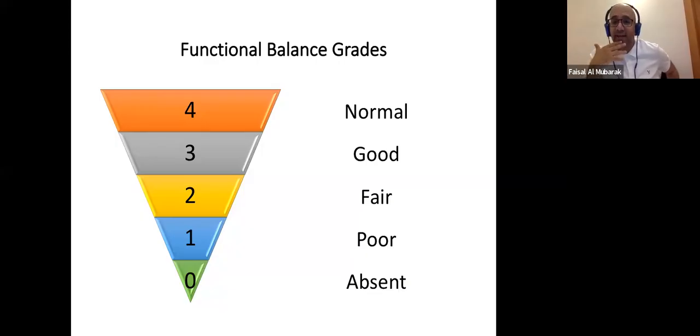So let's go back to the top. 4 is someone who is not using an assistive device, but they can walk from point A to point B, and at the same time, they can pick anything up from the floor and continue walking without having their balance affected. 3 is when you have someone who can walk from A to B without an assistive device.